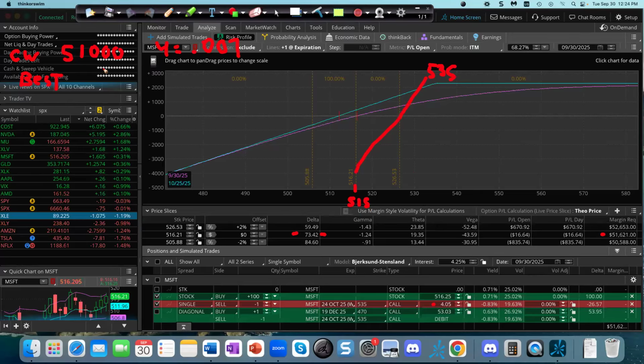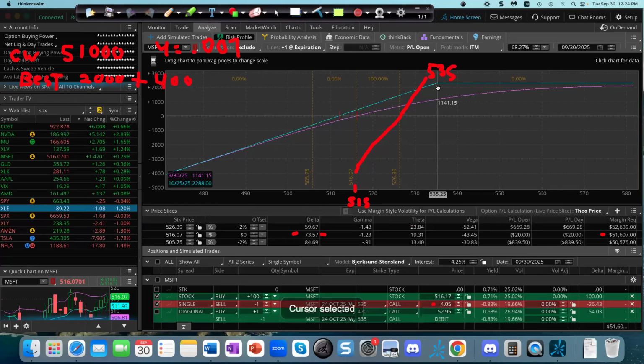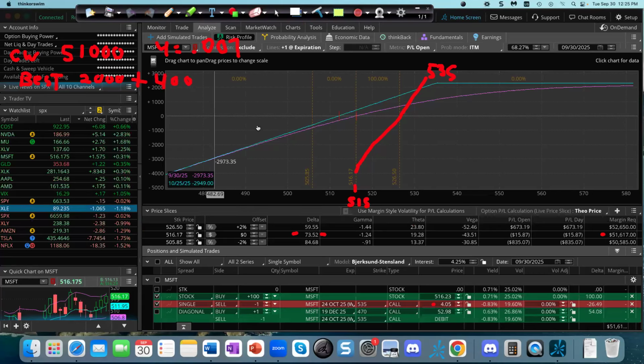If it goes up $20, you'd make $2,000 on the stock, plus $400 on the short call. If we don't go through 535, you'll collect the entire 400. So best case scenario, at 535 or higher, you'd make your $2,200.